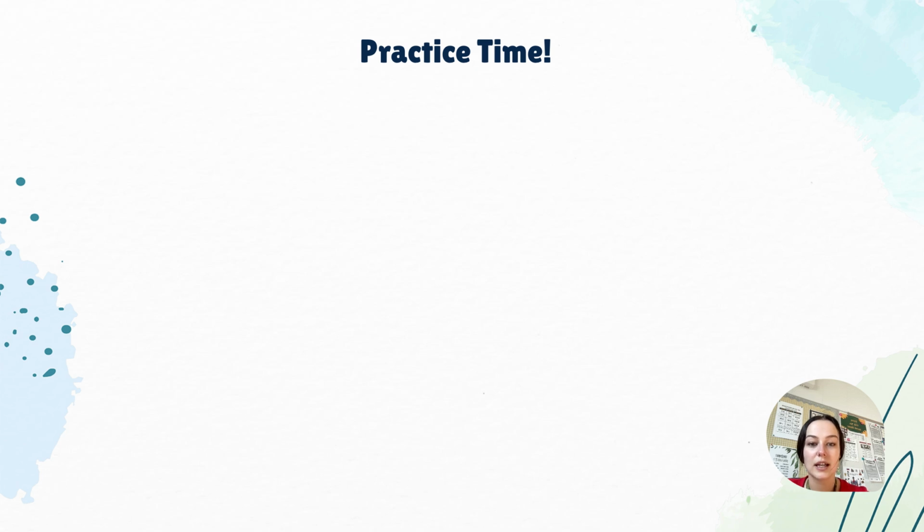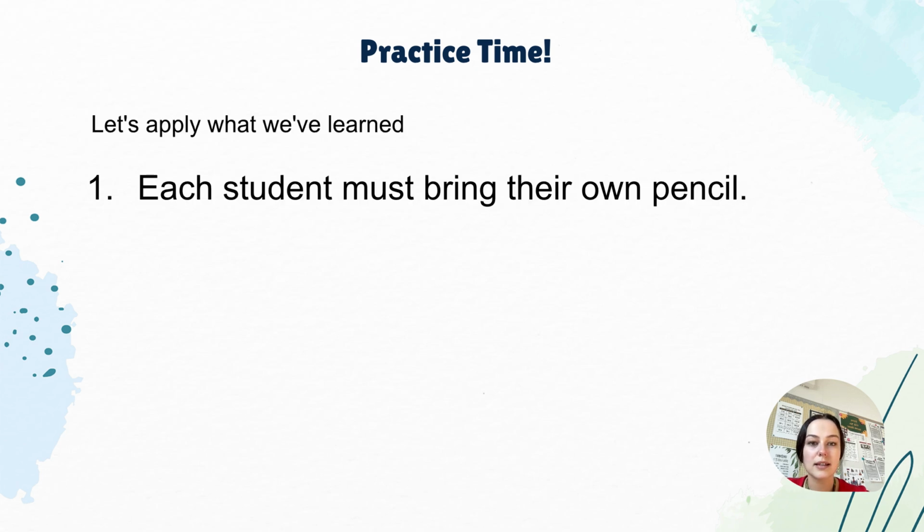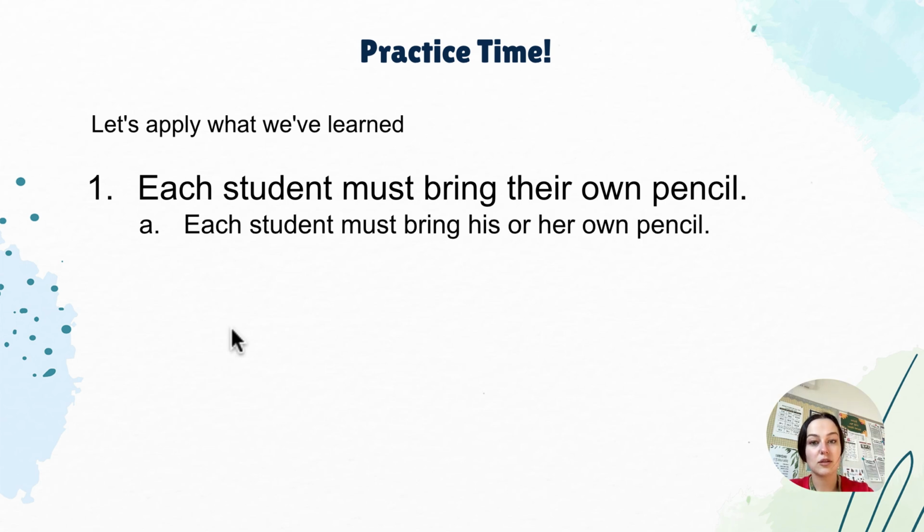The first sentence I have is: each student must bring their own pencil. This one's really tricky because in spoken language, and probably in your daily language, you probably hear this. However, in standard English, this would be incorrect. You would need to say each student must bring his or her own pencil.